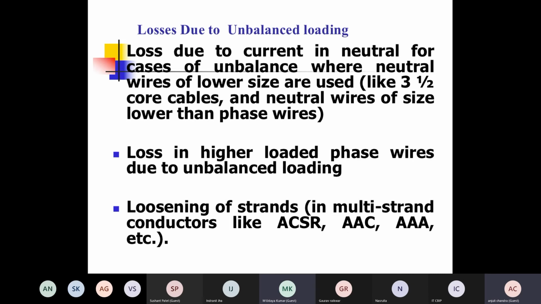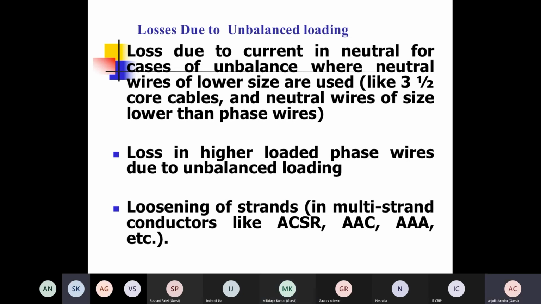What will happen, because current is vector, if the load on all the A, B, C phase or R, Y, B phase are balanced, then the vector sum of these currents will be zero. There will be no current in the neutral. Would you agree? Yes, madam.